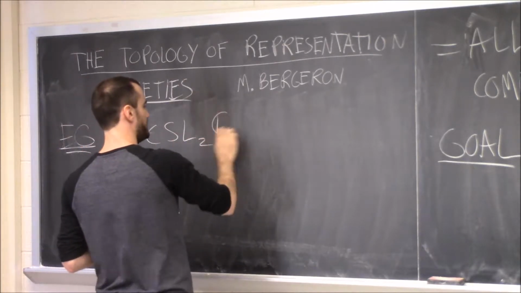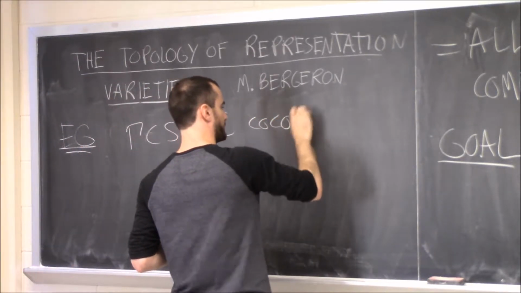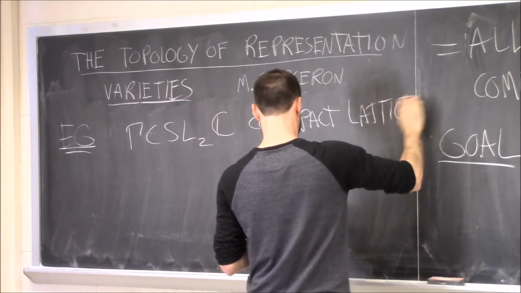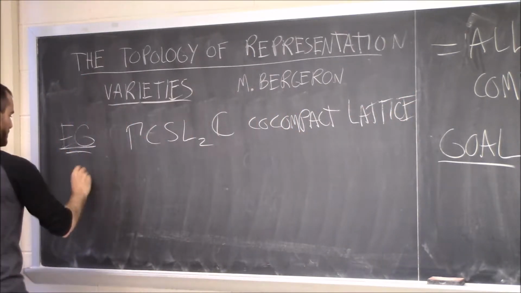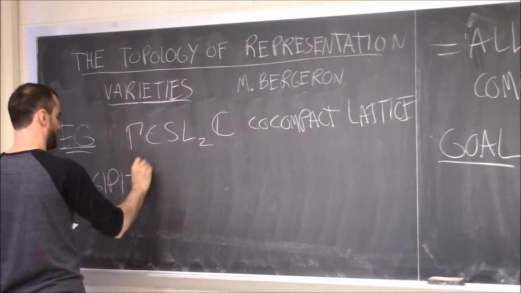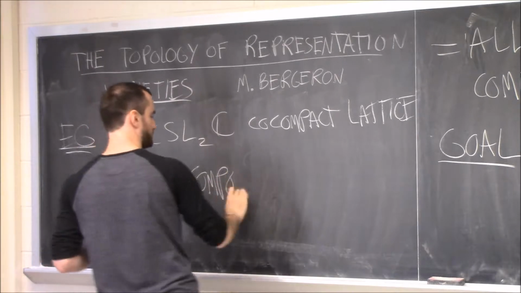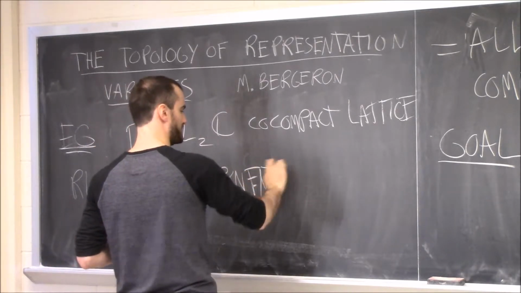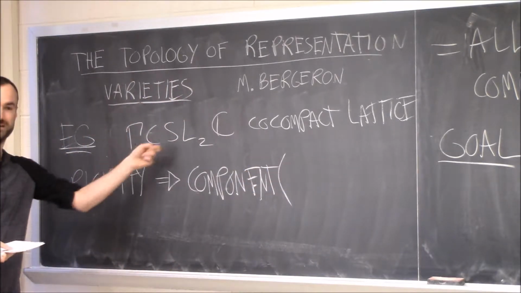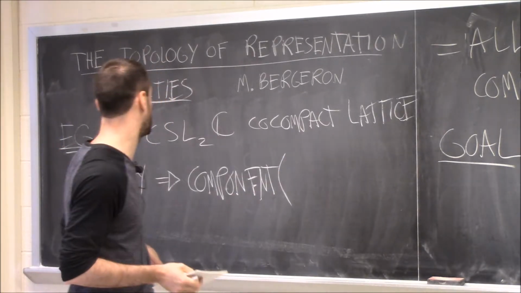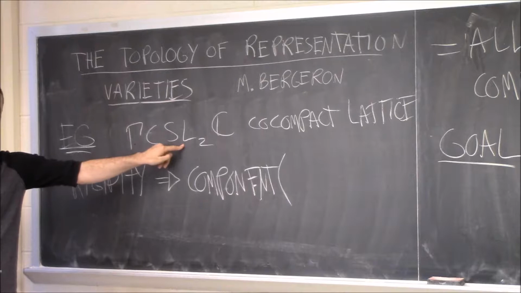So maybe the most basic example to give in here is that if you take a co-compact lattice in SL2C, then all of a sudden you get these rigidity phenomena that kick in. And this will imply that the component in the space of representations that contains the inclusion of Γ into SL2C is actually disjoint from the space of representations landing in the maximal compact SU2.